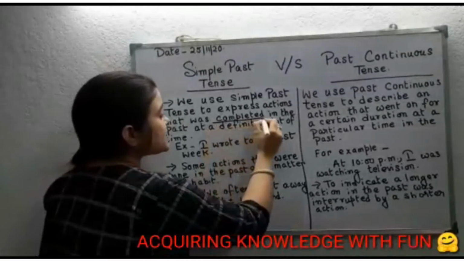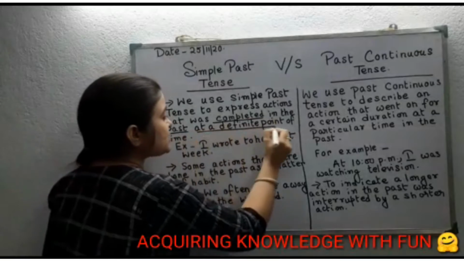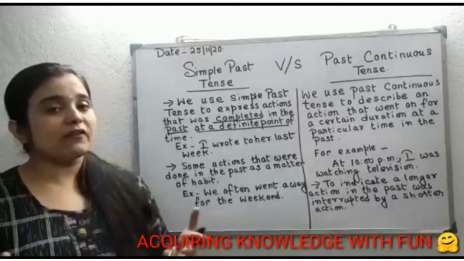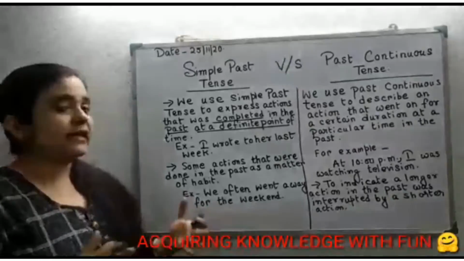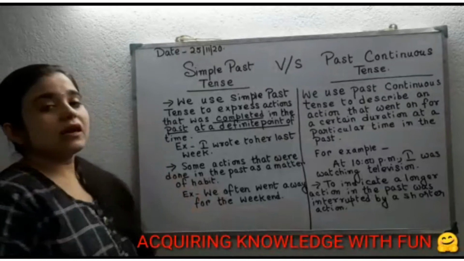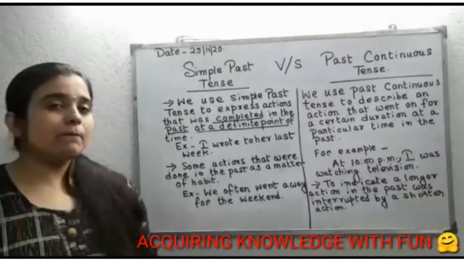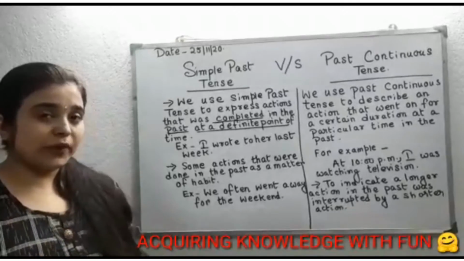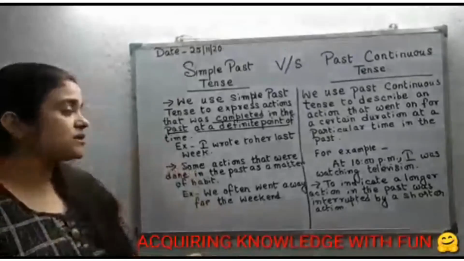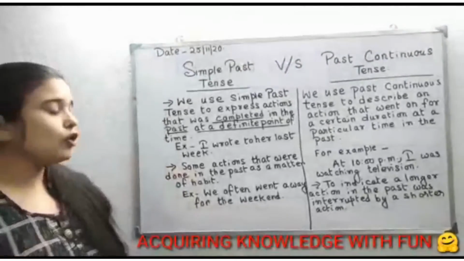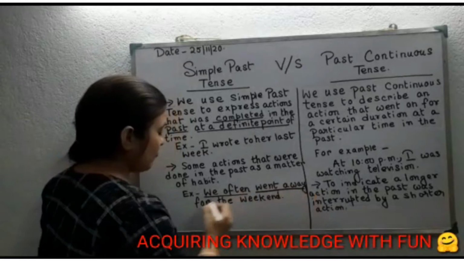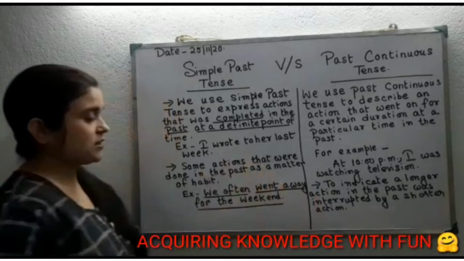For example, I wrote a letter to my friend last week. Next, we use simple past tense to express an action that was done in the past as a matter of habit. For example, we often went away for the weekend.